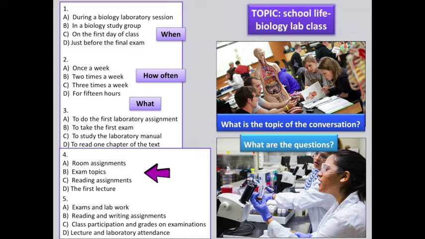All the answer options here are nouns. So the question is probably a what question. Just like number 4, the answer options for number 5 are nouns. So once again, we can guess that number 5 is probably a what question.